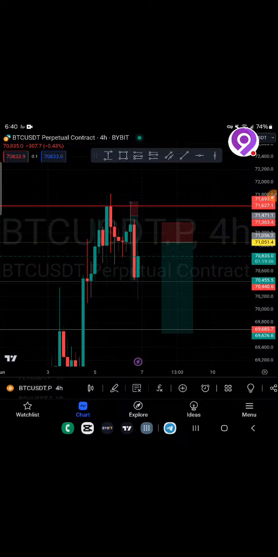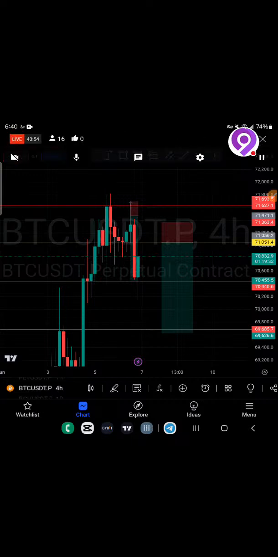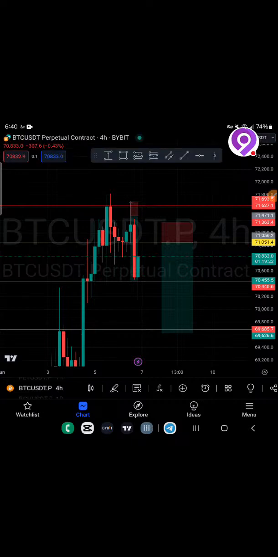So let's go into other coins so that we can explore them. Drop your coins. Drop your coins if you want to do analysis on any of your coins.